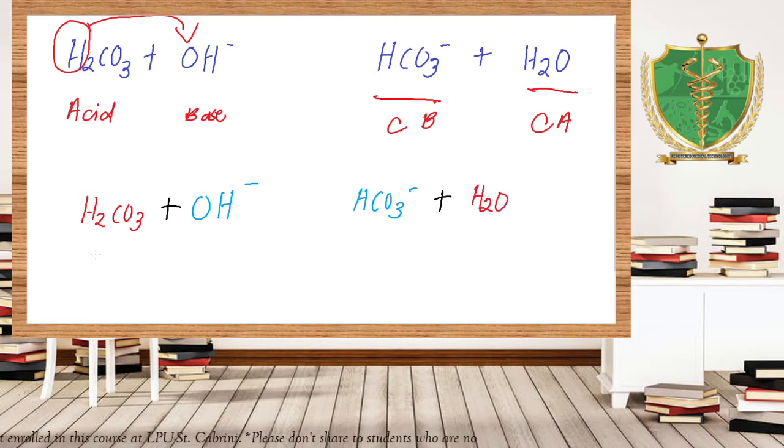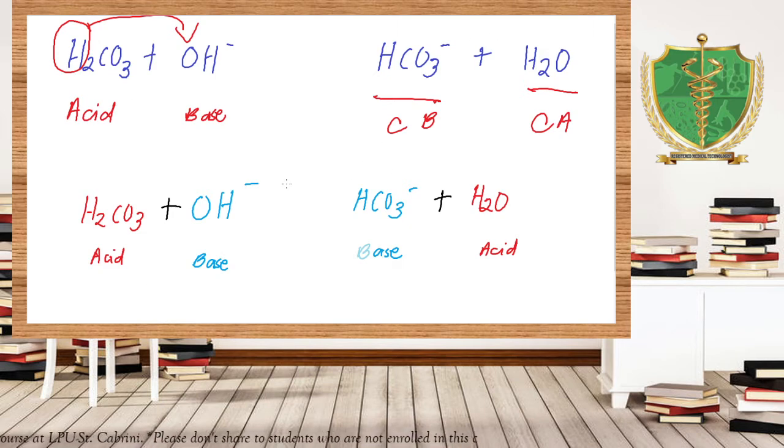Again, we said that this is our acid. This is also our acid. And this one is our base, and this one is our base. Now, the first thing to do is to know where is the strong acid and the strong base.